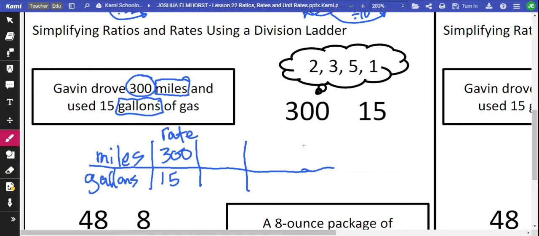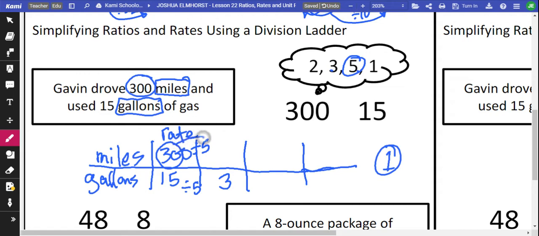Now we need to somehow get it down to a unit rate where it is being compared to 1. So here, if you're not sure what to divide by, you can think of a division ladder, either 2, 3, or 5. And 5 works nicely. So 15 divided by 5 would be 3. And then the first number, 300, divided by 5 would be 60.